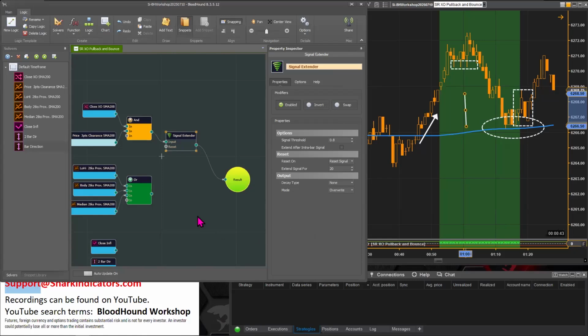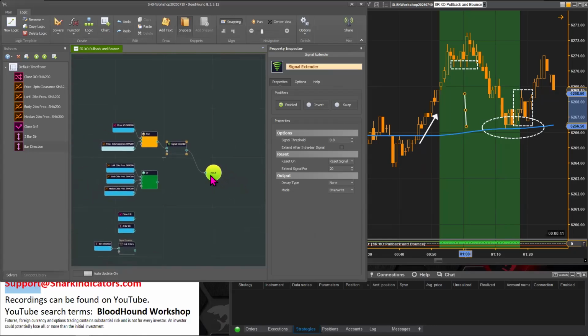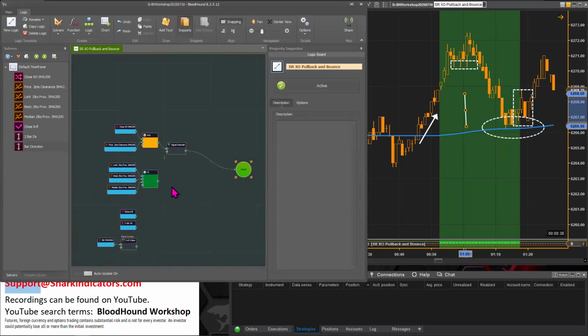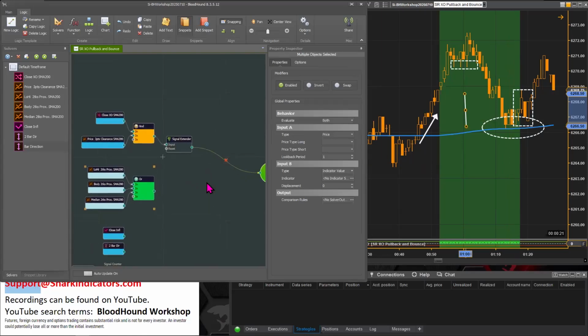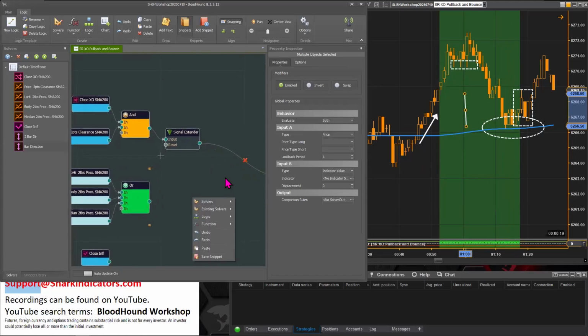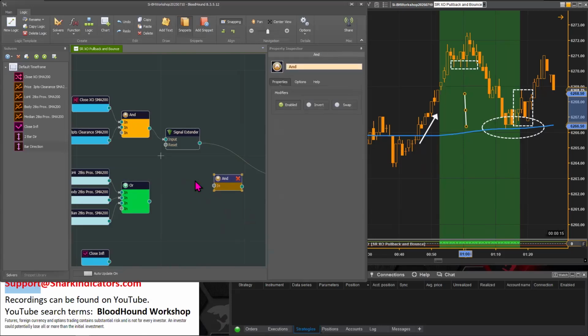All right. And then now we need to connect in our third condition here, which is price touching, or not necessarily touching, but within proximity of our support resistance level there. So I need another AND node.